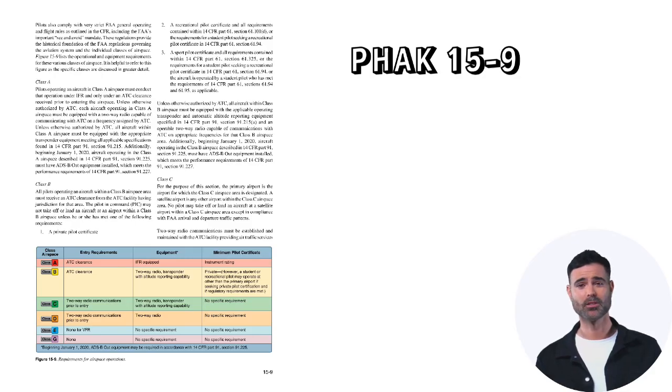A sport pilot certificate and all requirements contained within 14 CFR Part 61, Section 61.325, or the requirements for a student pilot seeking a recreational pilot certificate in 14 CFR Part 61, Section 61.94, or the aircraft is operated by a student pilot who has met the requirements of 14 CFR Part 61, Section 61.94 and 61.95 as applicable.